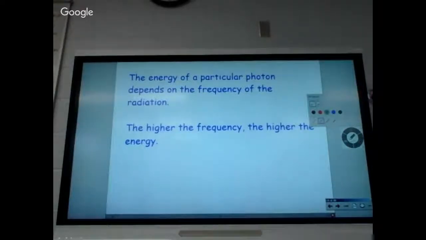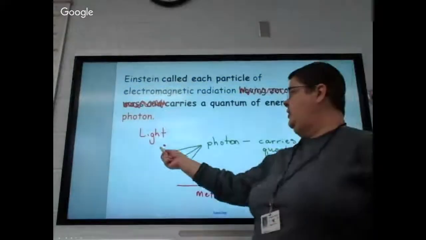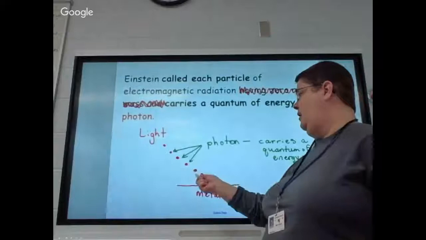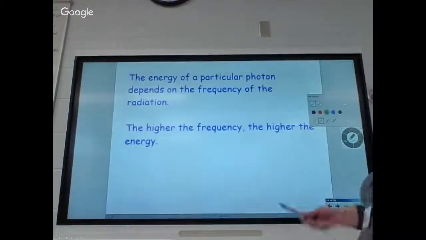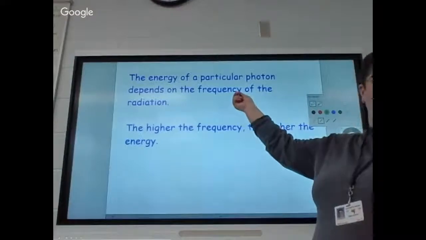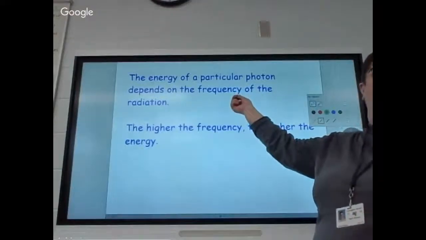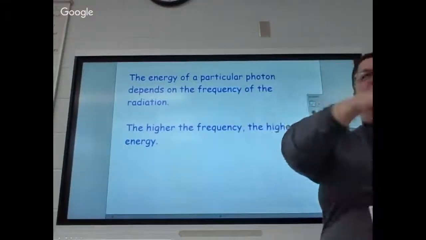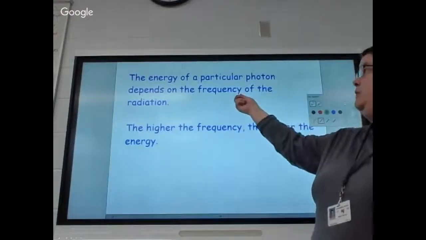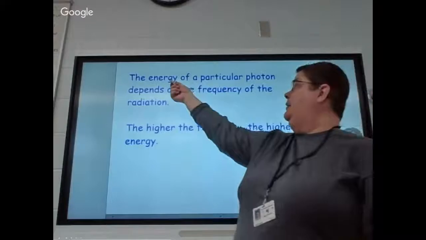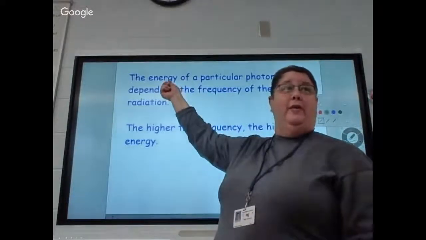So if I go back just one slide for a second. Okay? The energy of these photons that I'm talking about right here, the energy these have, depend on the what? The frequency of the radiation. You know those calculations we just did on Friday that you had a quiz on today? The frequency determines the what? Determines the energy.